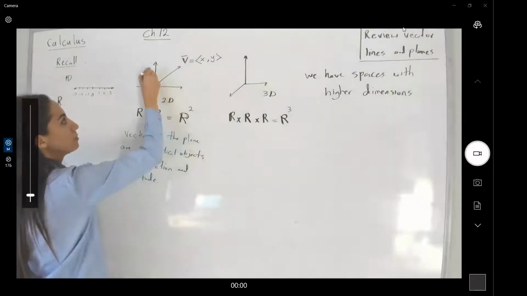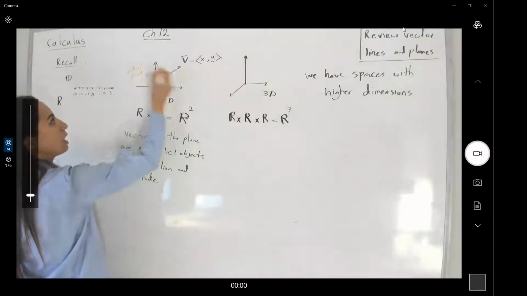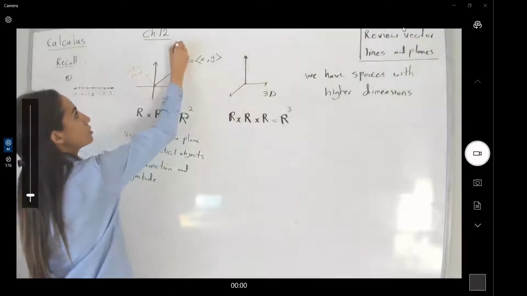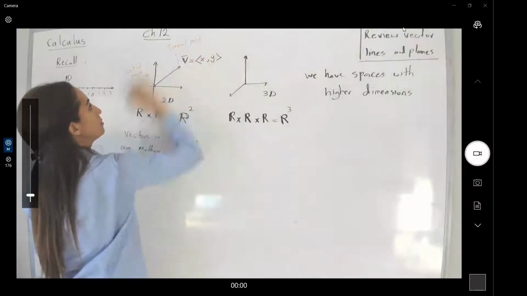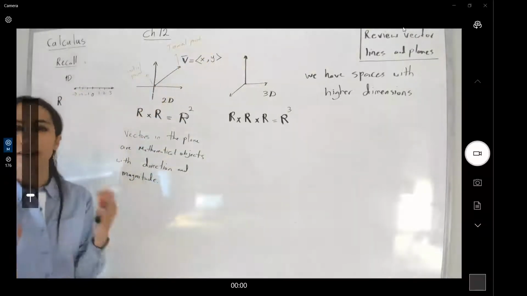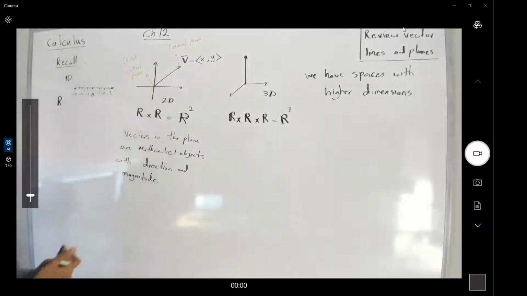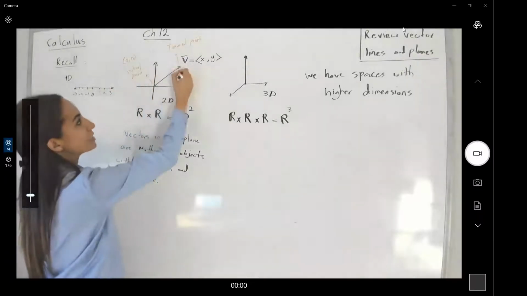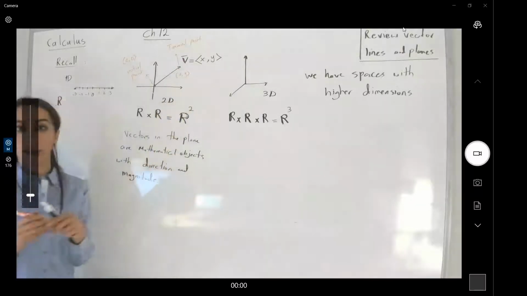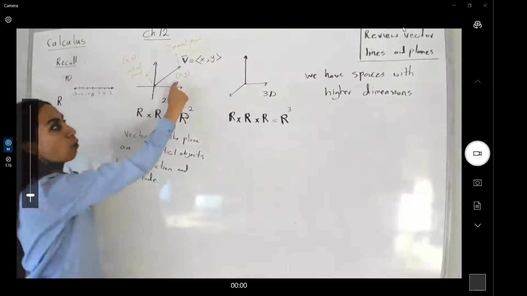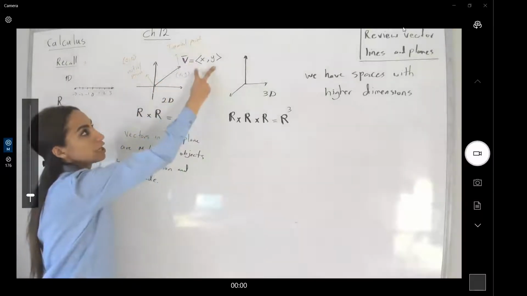Initial point, and the terminal point. So the initial point is located at the origin, so initial point 0 and 0. And the terminal point as a point is, for example, x comma y. So note that for a point we use parentheses, but when it comes to a vector, we change the symbol.